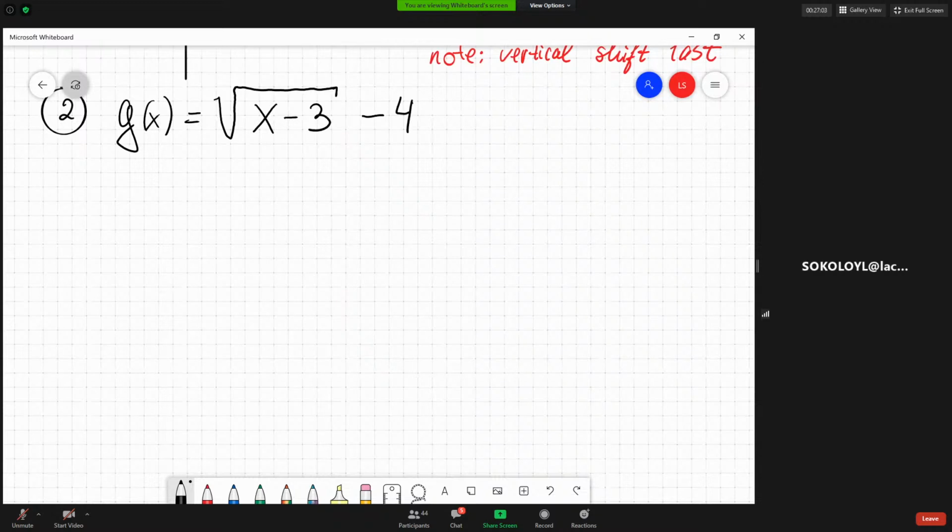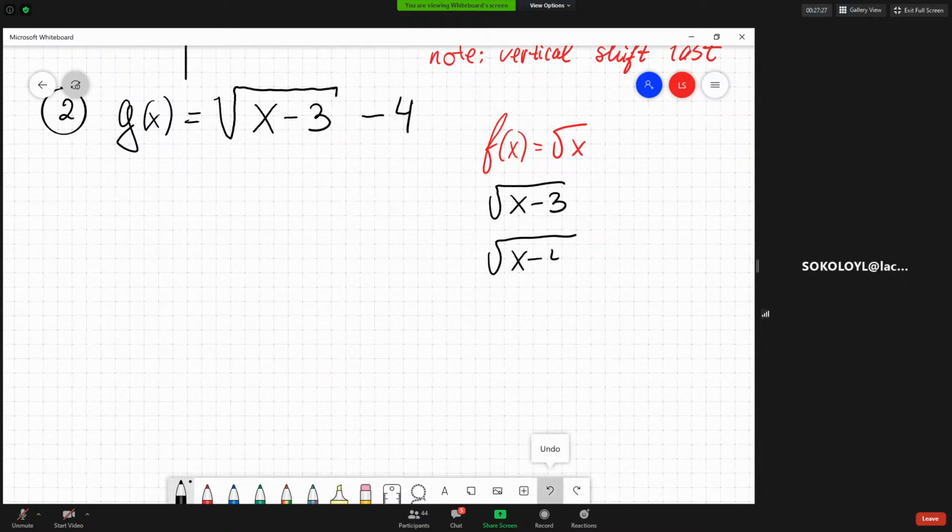So again, when we're just introducing these, and there's only two of them, it's pretty straightforward, but it does get a little more challenging. Our parent function here is the square root function. And the transformations that we do, we will first replace x with x minus 3, and then we will subtract 4 from this new function.